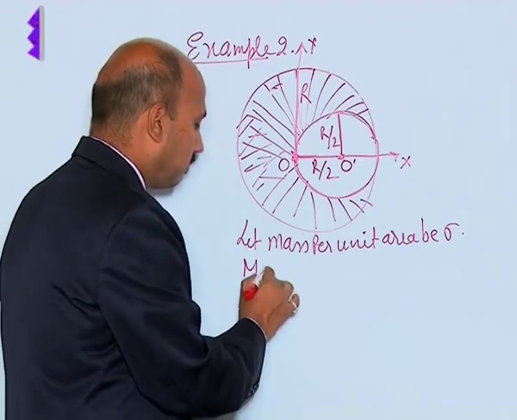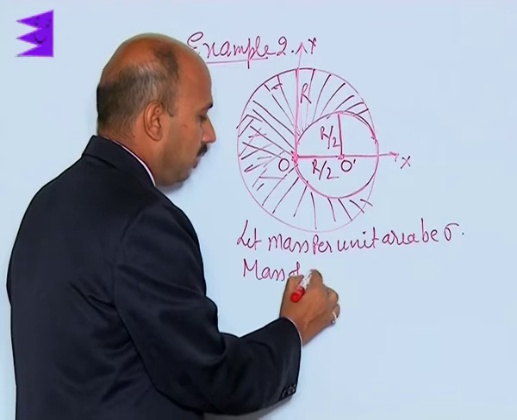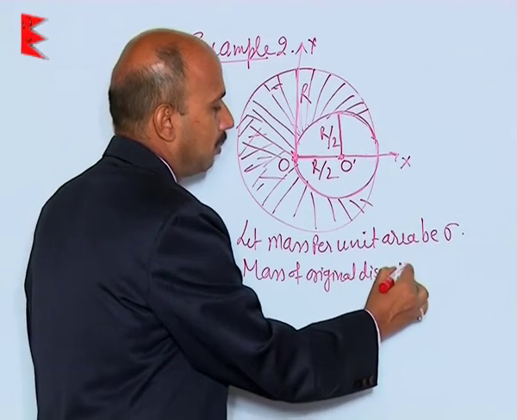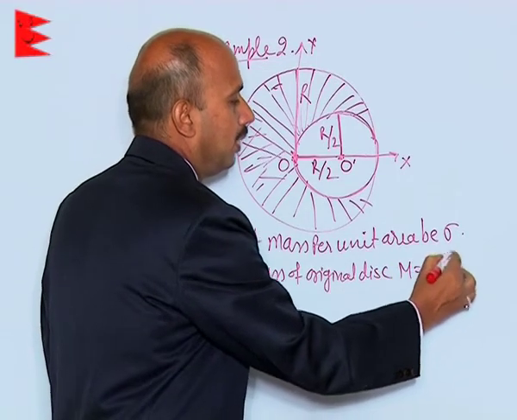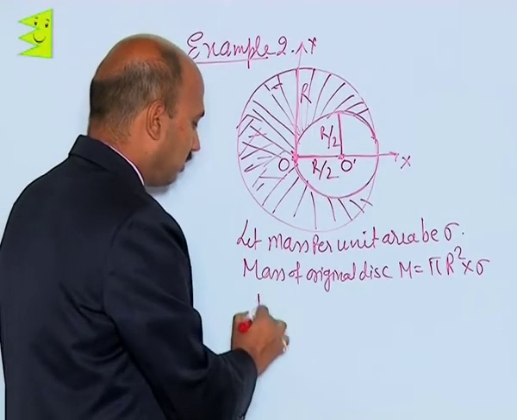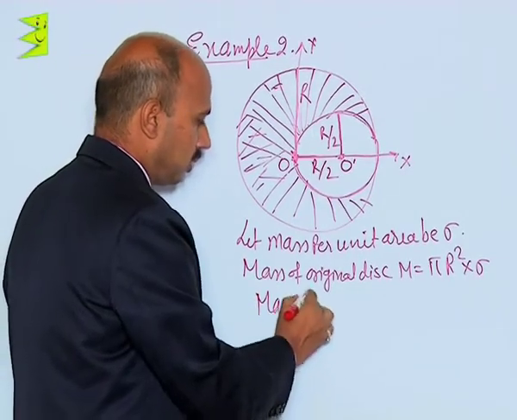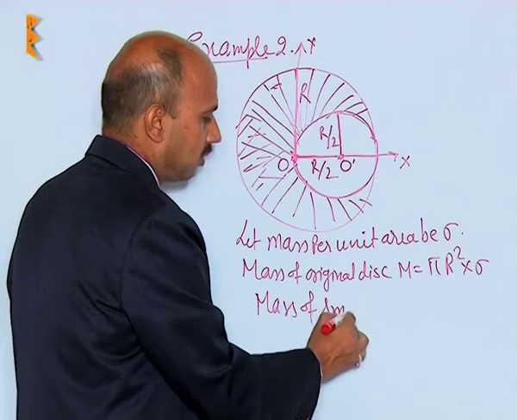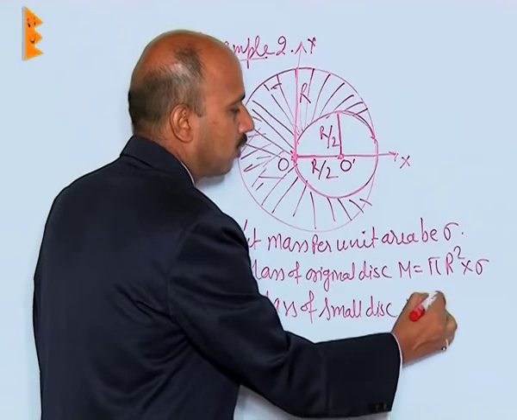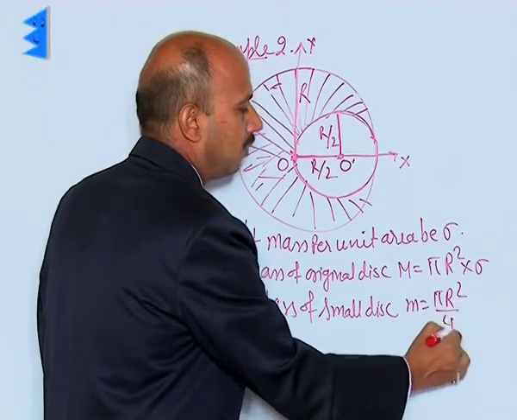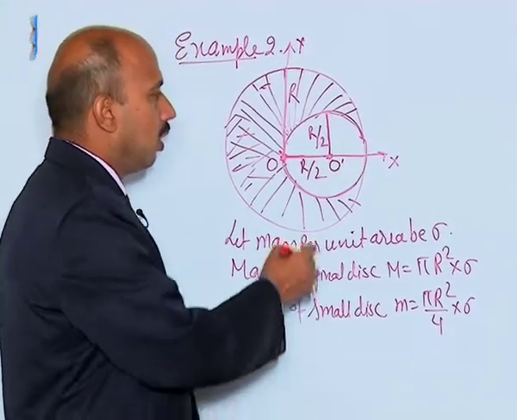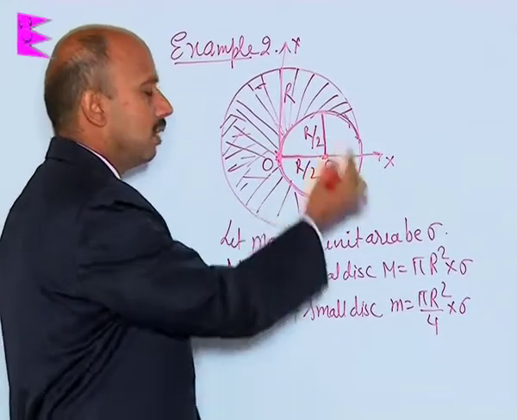So, mass of the original disc, capital M, is equal to pi r square into sigma. And mass of this small disc, small m, is equal to pi r square by 4 into sigma.